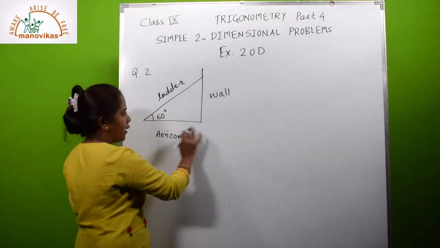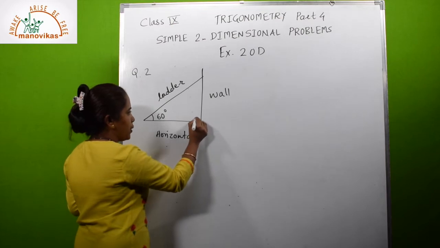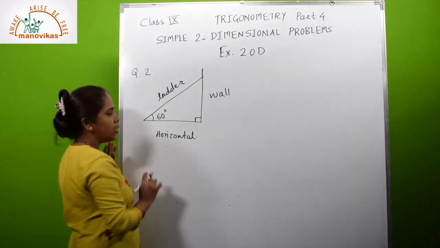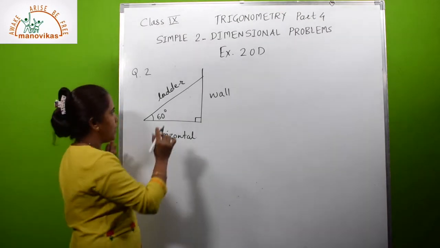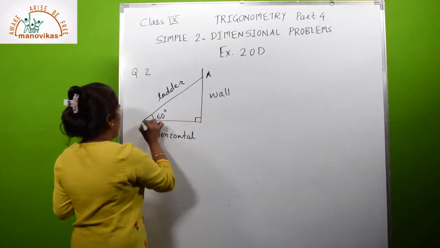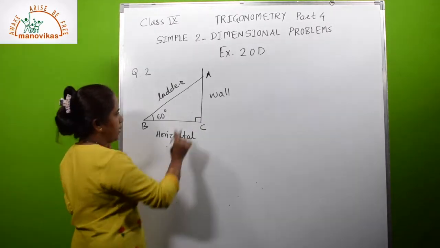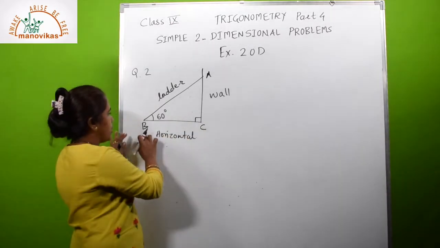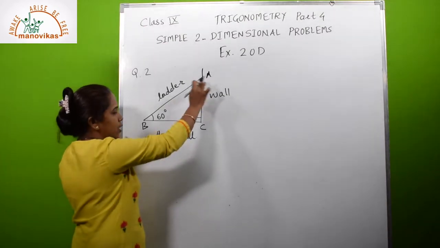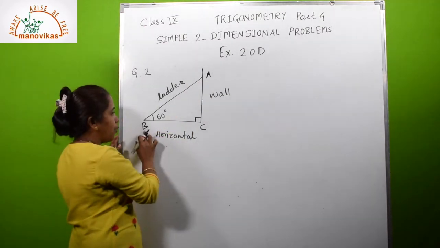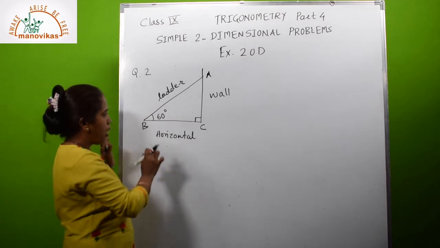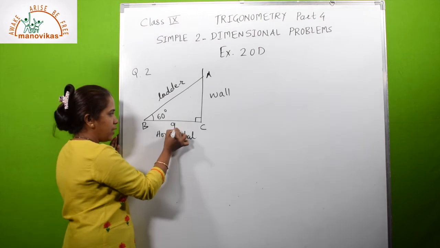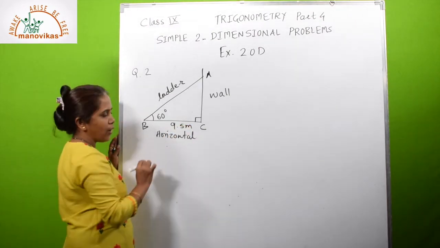Obviously the angle between the wall and the horizontal is 90 degrees. So here it forms a right angle triangle. I'll label it: AB is the ladder and BC is the horizontal plane. B is the foot of the ladder, A is the top of the ladder. And the distance of the foot of the ladder from the wall is given, that is 9.5 meter.